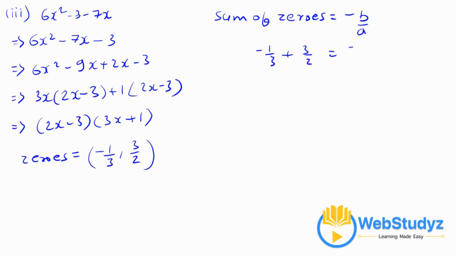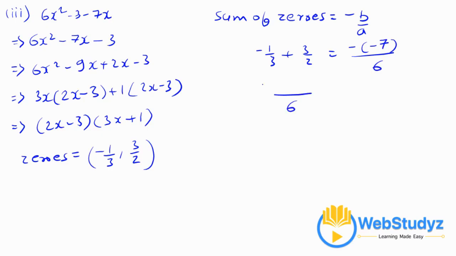It should be equal to minus of minus 7 by 6. Here b is minus 7 and a is 6.